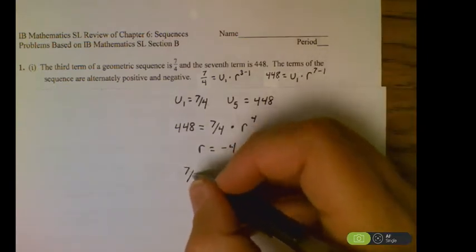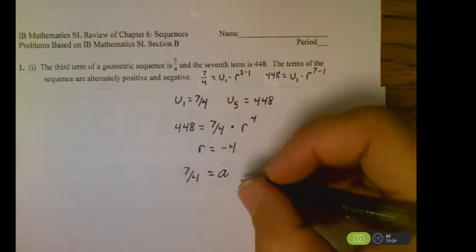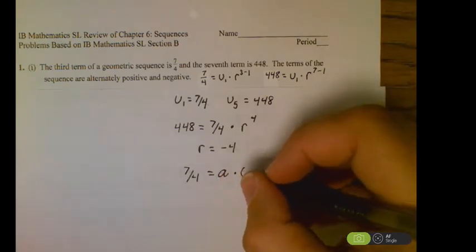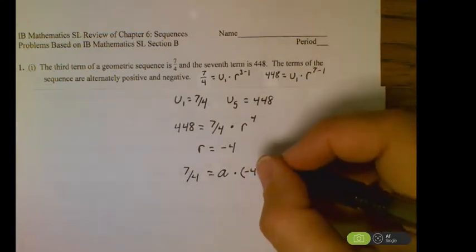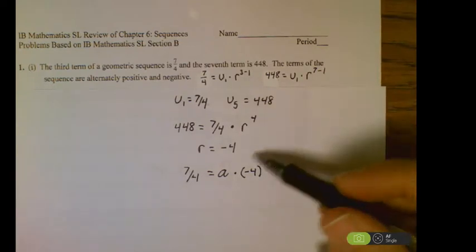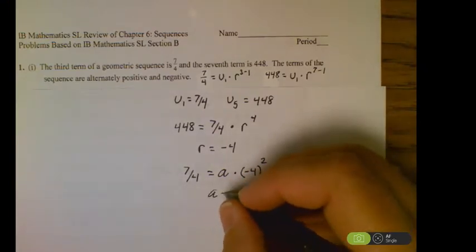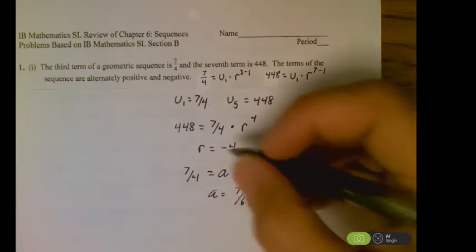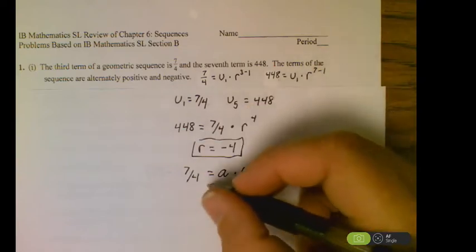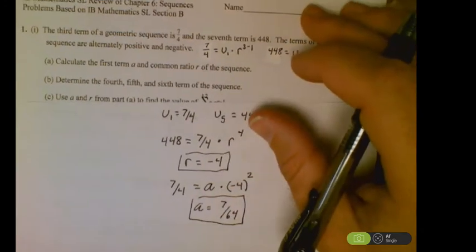So now I'm going to plug back into that equation, and we'll call it A, times my common ratio to the 3 minus 1 power, and now we can solve that for A. So if you take the 16 and divide it over, we can get our first term that way. So we get our first term of 7/64. So now we know our first term, know our common ratio, and we can use those to move forward in the problem. So figured out that first part.